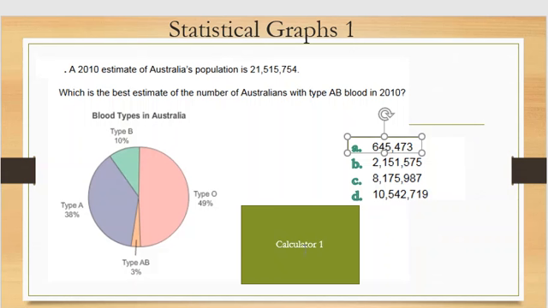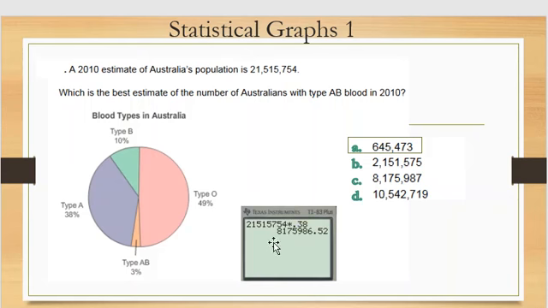There we go. All right, now then, just so you can see, I had accidentally calculated, instead of the AB blood type, I had calculated it for the type A. And if you did it for type A, this is what you would have calculated. So just an FYI there.